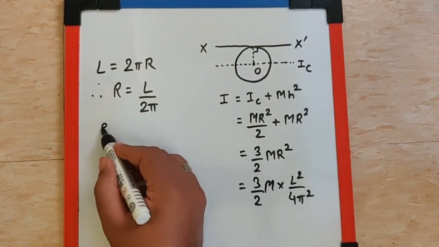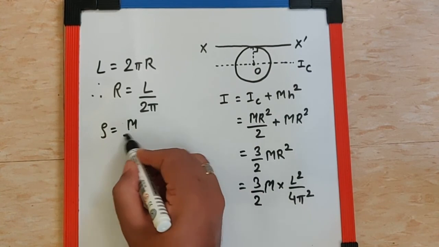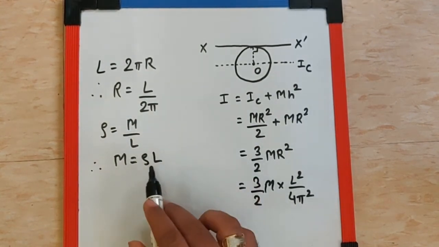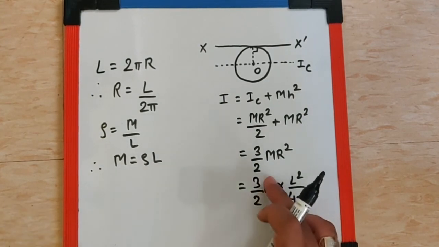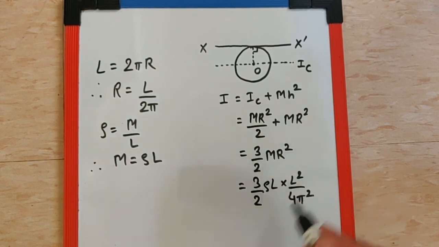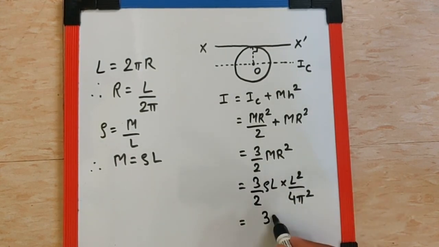At the same time they have given linear mass density as rho, which is m by L, so m can be written as rho into L. If we substitute that over here, we can replace this m with rho L, and so we get 3 rho L cube upon 8 pi square as the final answer.